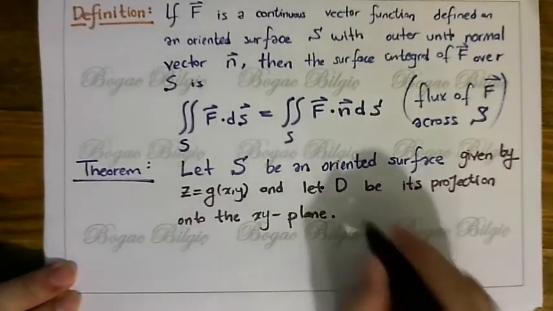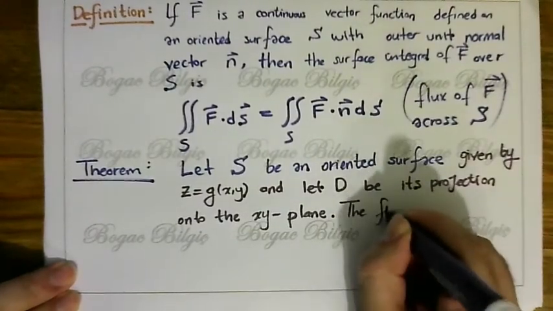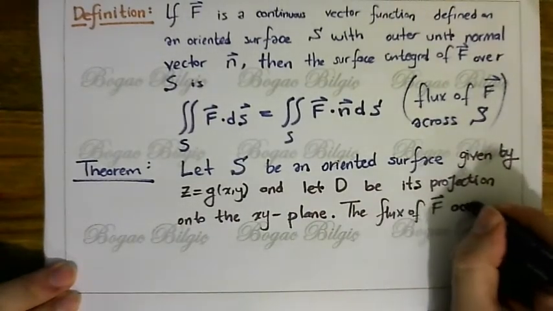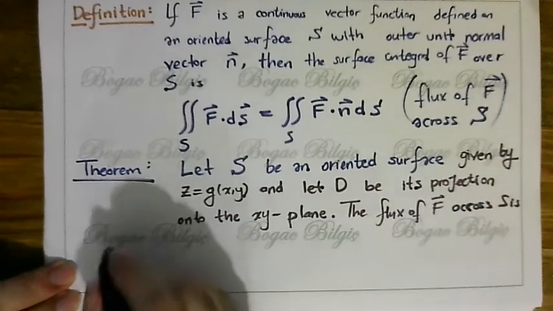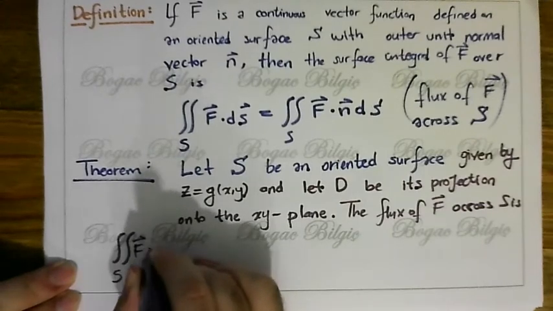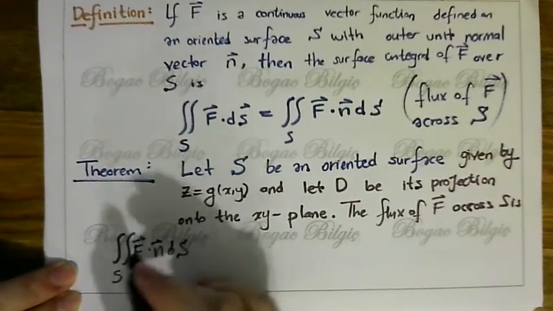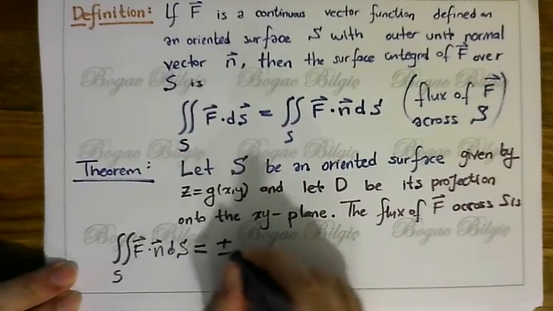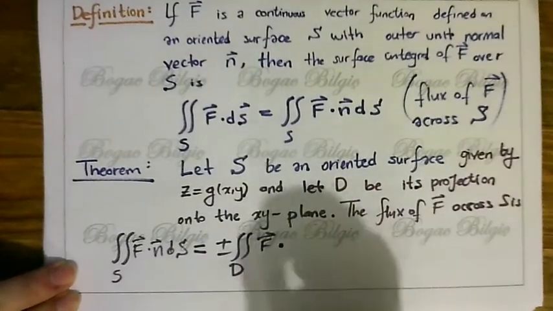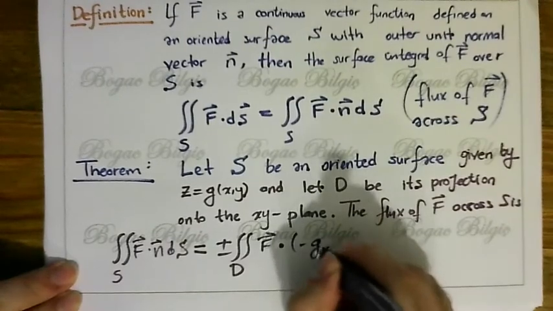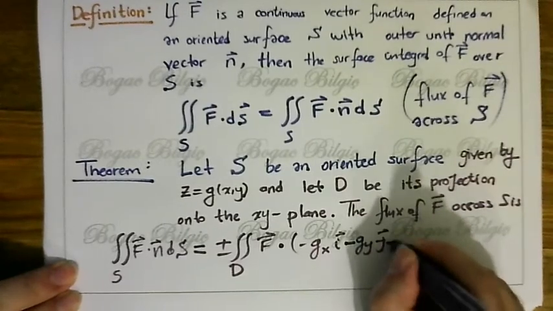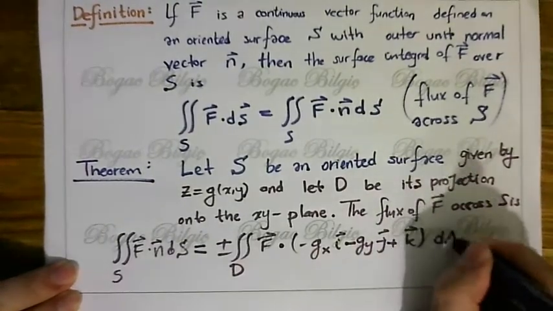The flux of F across S is the surface integral on S of F dS, which is equal to plus or minus the double integral on D of F dot (minus g_x i minus g_y j plus k) dA.